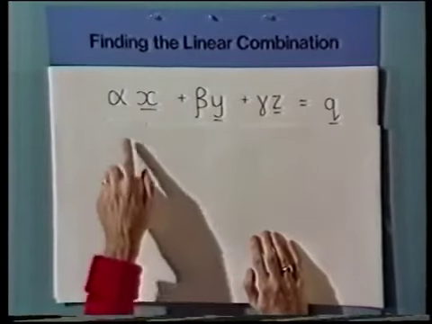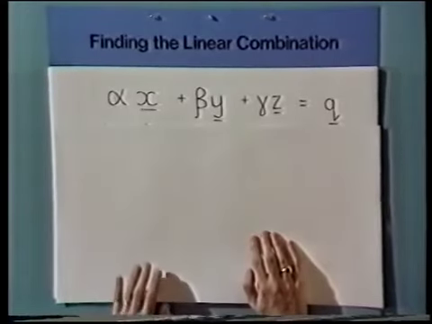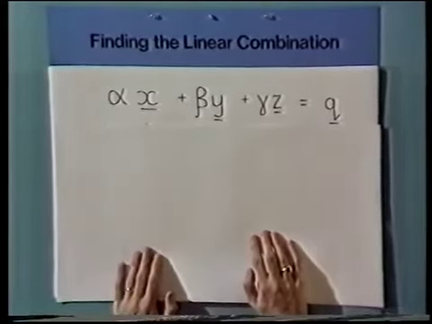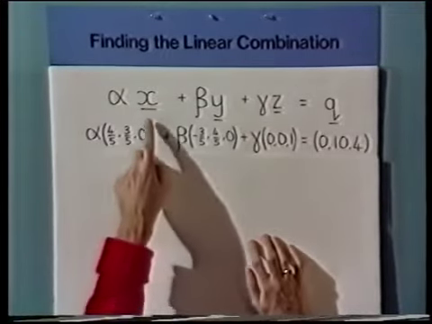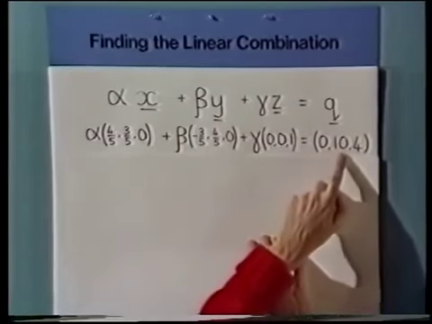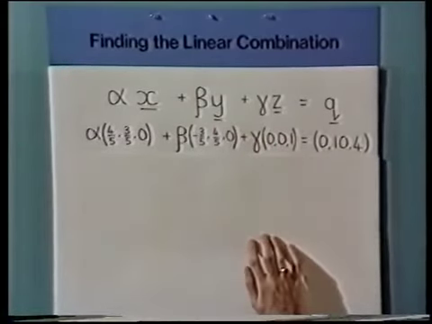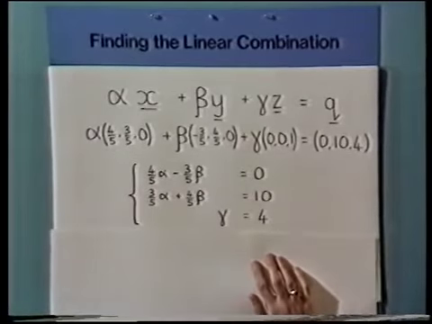We want to write alpha x plus beta y plus gamma z equals q, and we want to find the values of alpha, beta, and gamma. We start just as before, putting in the coordinates of x, y, and z, and also of q, and that leads, just as before, to 3 simultaneous equations.